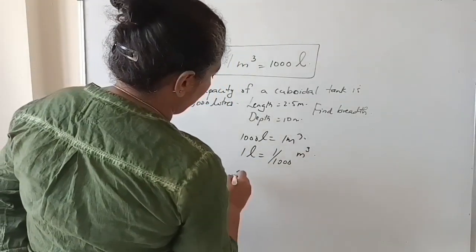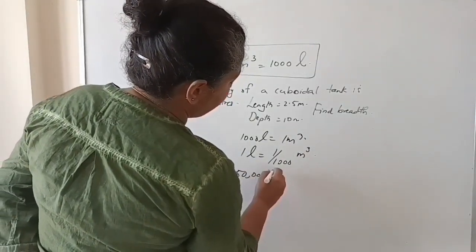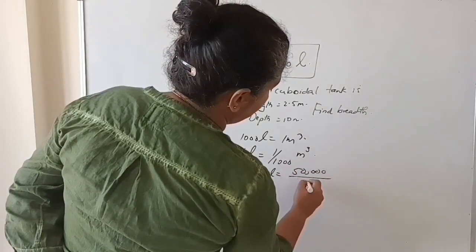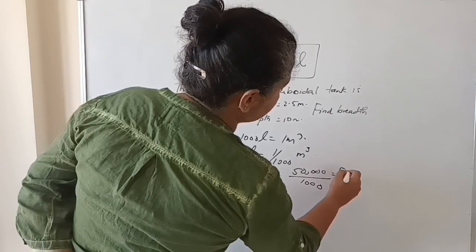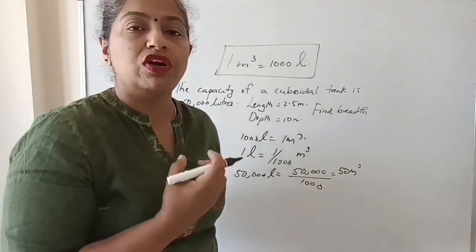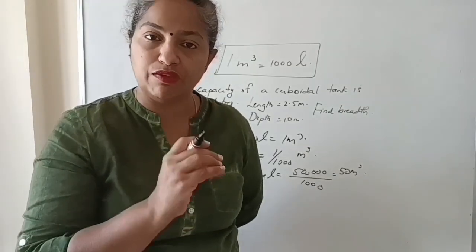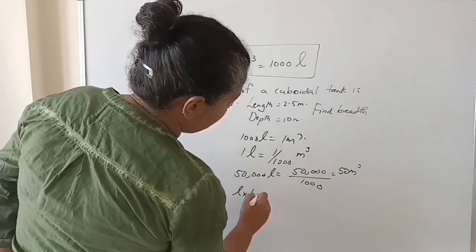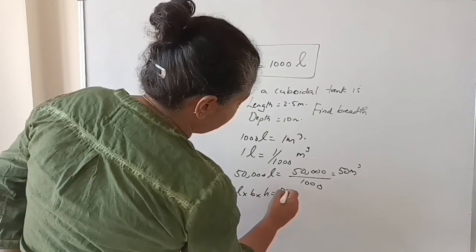Fine. So here I have got how many liters? 50,000 liters. That is 50,000 by 1000 meter cube, which is 50 meter cube. So the capacity or the volume of the cuboidal tank is given to be 50 meter cube. Sorry, L into B into H is 50.